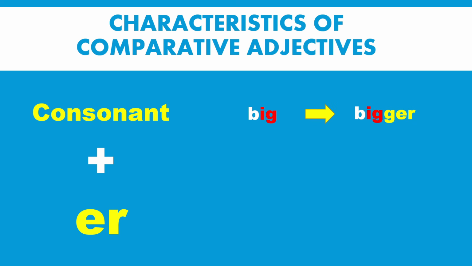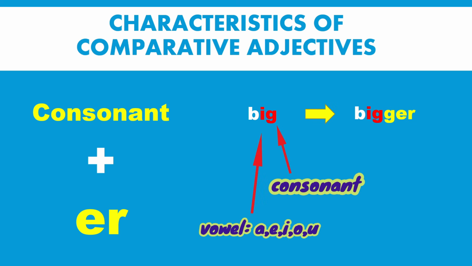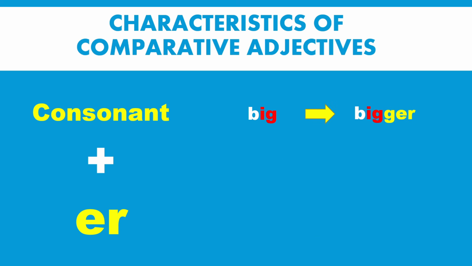How can we know if we need to use consonant plus ER? We just have to look at the adjective itself. If the adjective itself is a single syllable and it ends with a consonant, and at the same time the second last letter is a vowel, then automatically we have to put another consonant with ER when we change it into comparative adjective.